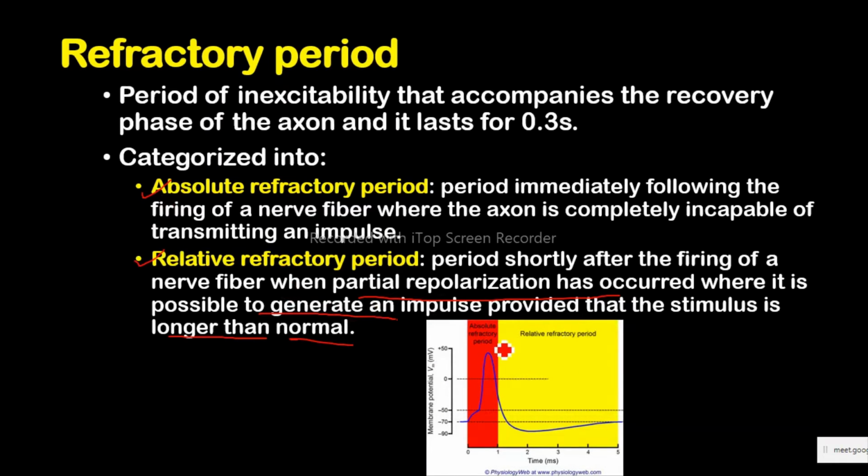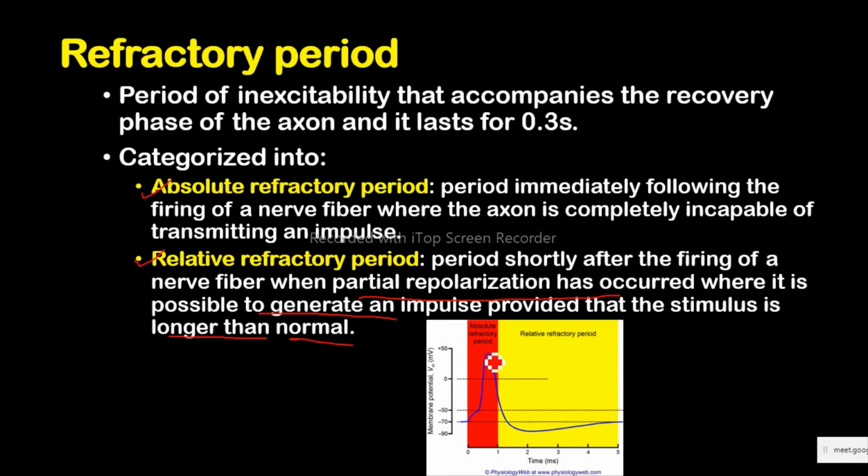So here, this is your nerve impulse you have evoked, and you have really depolarized, and I hope you should be in a position to describe this curve. Okay, you have really depolarized.